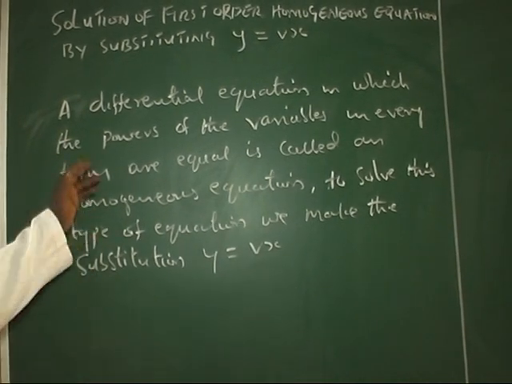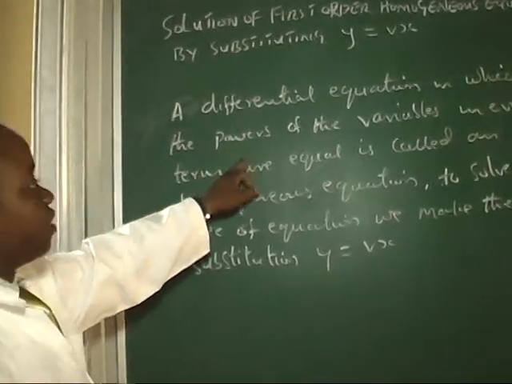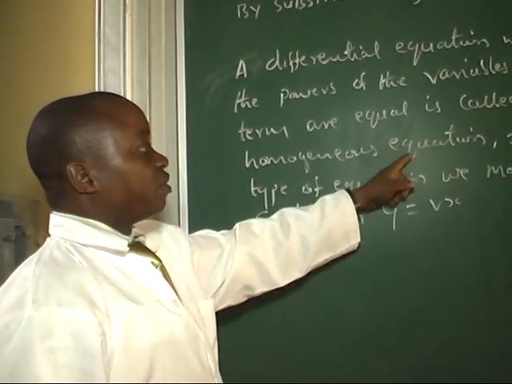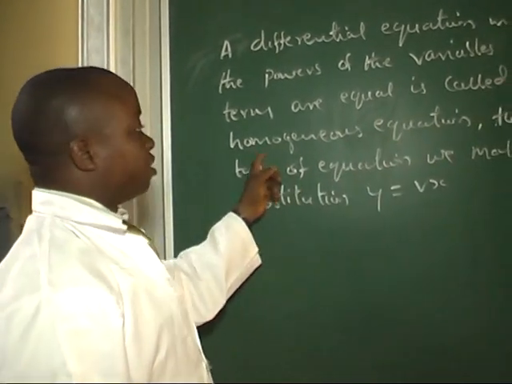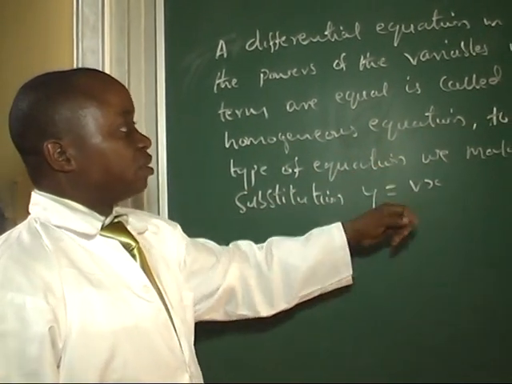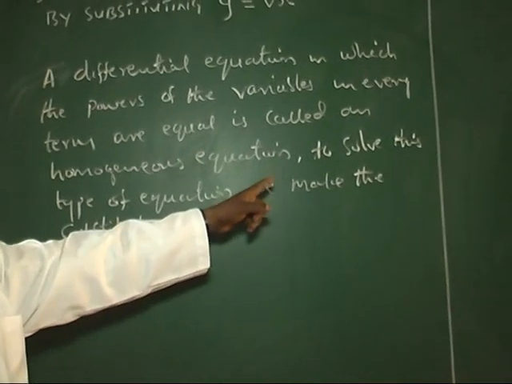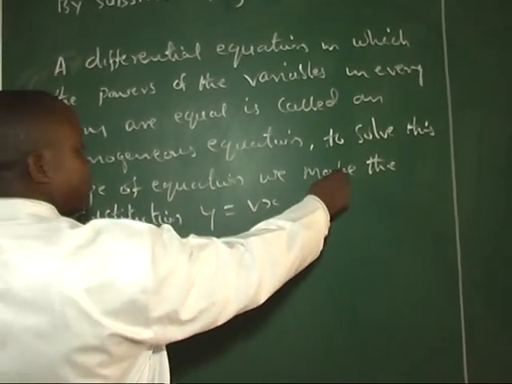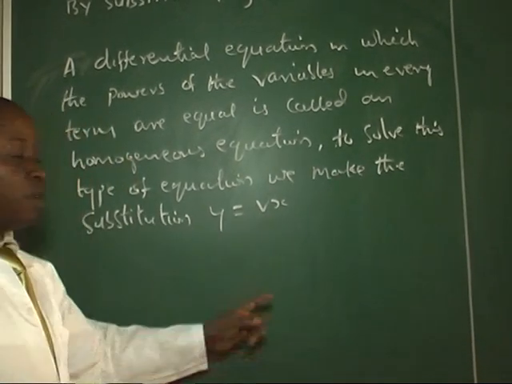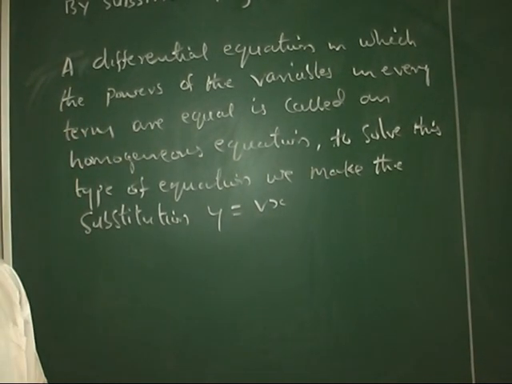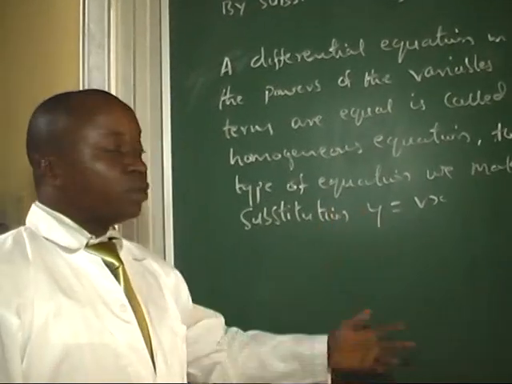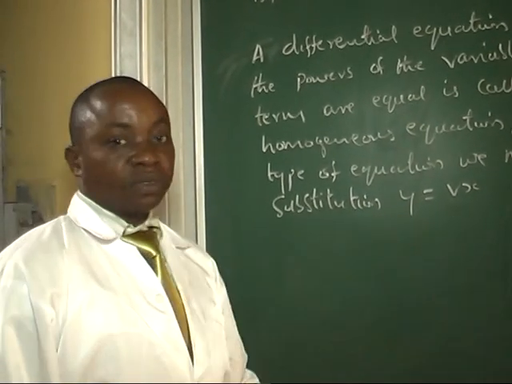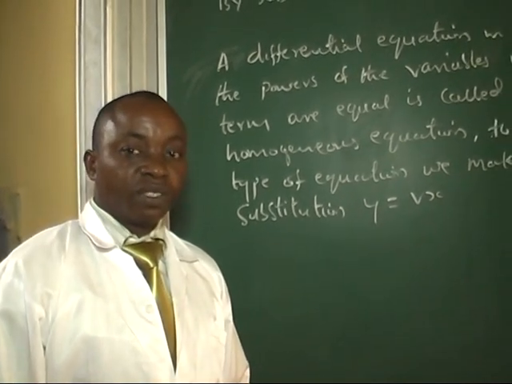So a differential equation in which the powers of the variables in every term are equal is called an homogeneous differential equation. To solve this type of equation, we make the substitution y is equal vx. So let's look at an example of homogeneous equation and how we can make this substitution to have the solution.